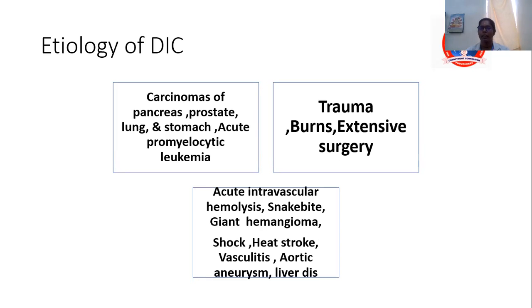Malignant causes are carcinoma of pancreas, prostate, lung, stomach, acute promyelocytic leukemias, burns, trauma, extensive surgeries, acute intravascular hemolysis, snake bite, giant hemangiomas, shock, heat stroke, vasculitis, aortic aneurysm, and liver disease. These are some of the etiologies for disseminated intravascular coagulation.